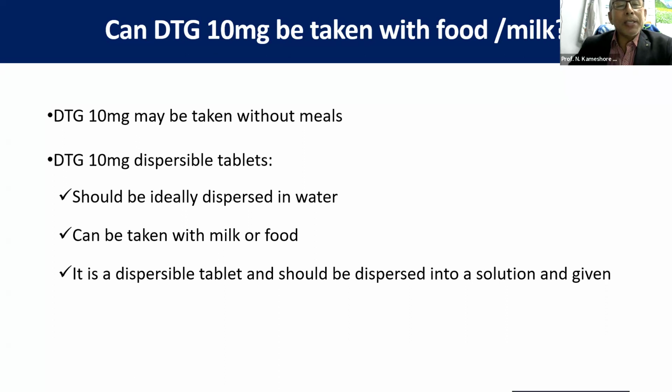And as it is a dispersible tablet, it should be dispersed into a solution and given. So according to the convenience of the caregiver and the child, you can always choose either of these recommendations.